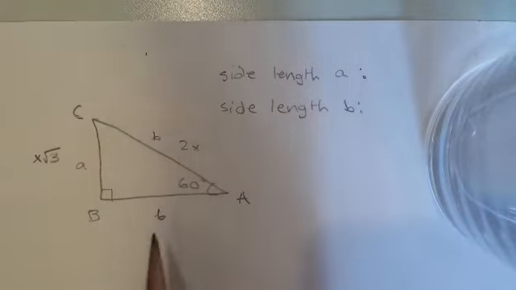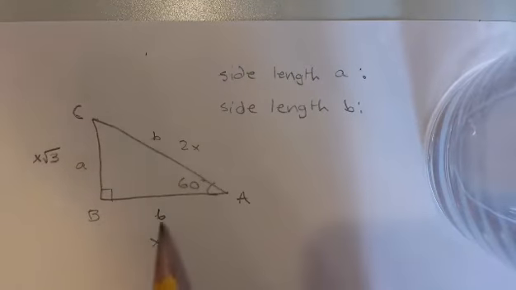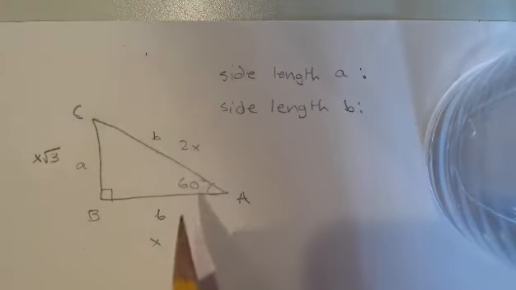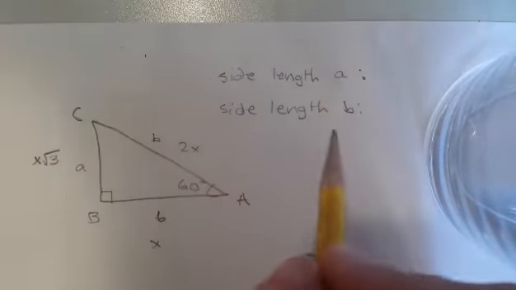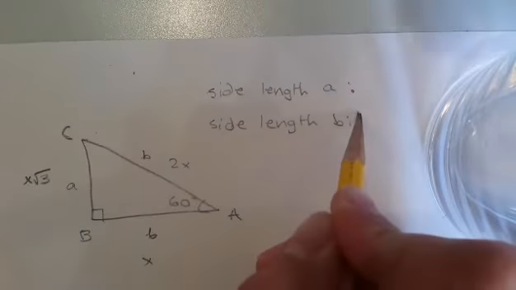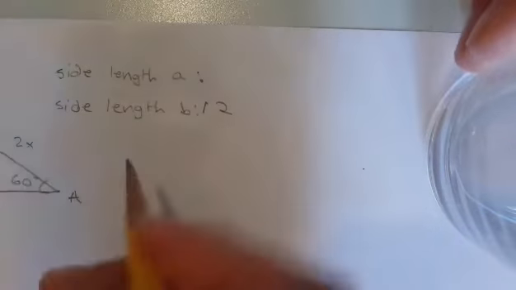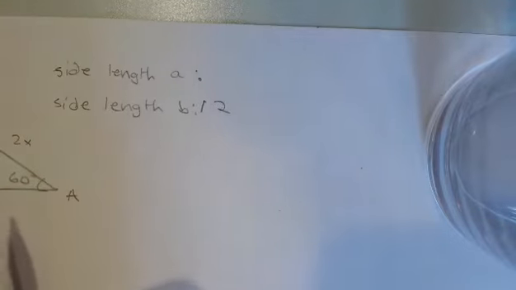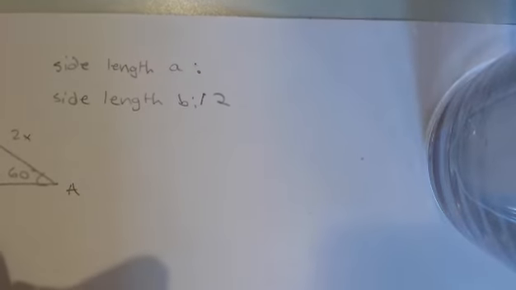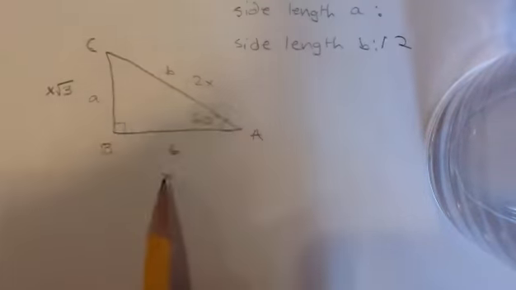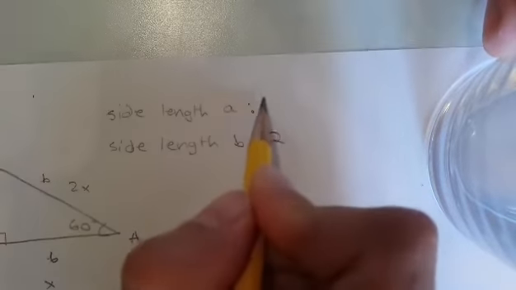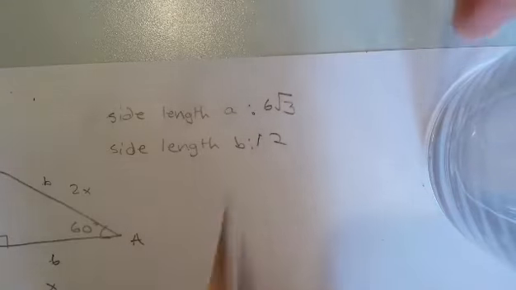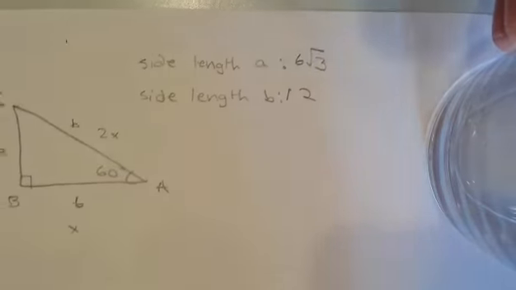With that in mind, we can solve from there. 2x, or 6 times 2, is 12, so B is 12. And for x root 3, it's just 6 root 3. So we have 6 root 3, and that's it.